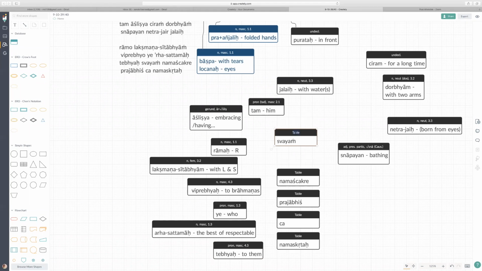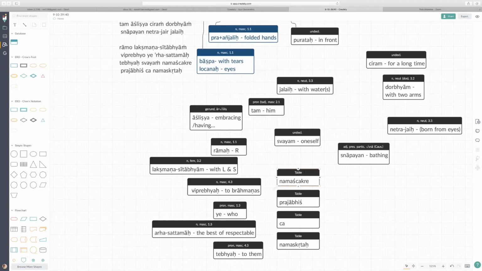Swayam. What is that? Undeclinable, I think it is. Swayam meaning oneself. So either himself or herself or itself, it would be swayam.